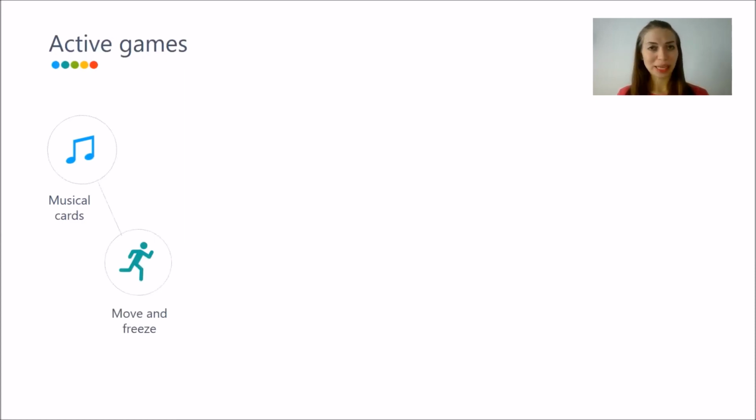And again, music plays. When the music stops, they need to freeze in the position they were in when the music stopped. They may need to use a little balance, for example, if they stopped on one leg.